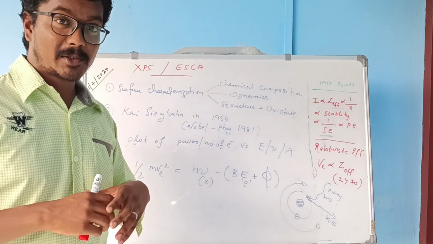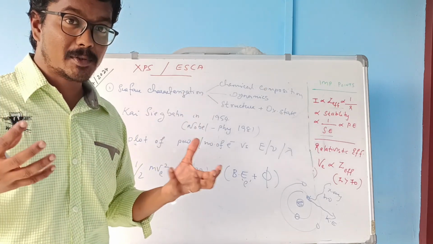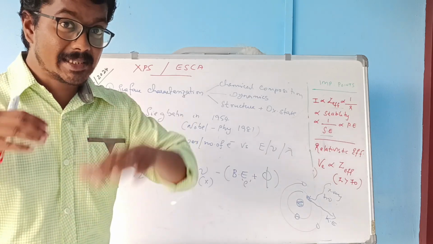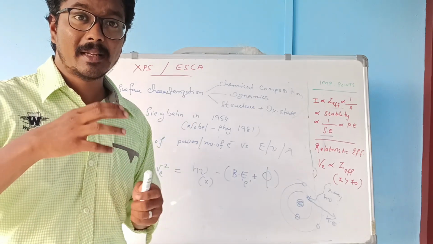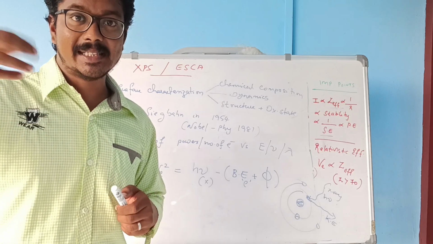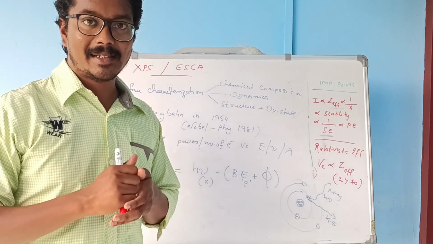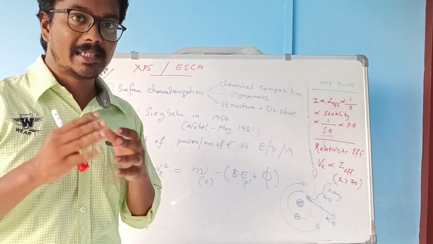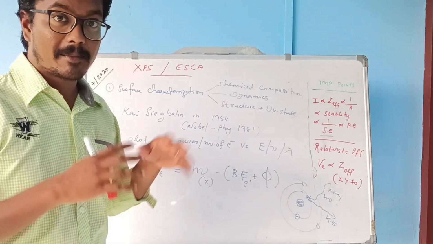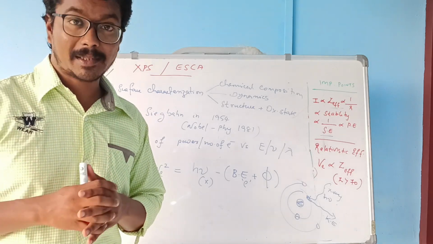Electron spectroscopy means when a beam of light or a source of incident rays strikes the surface of a sample, and high energy electrons are ejected from the surface. So we are going to analyze the ejected electrons and determine their velocity in terms of kinetic energy and plot it. Okay, and that plot is called the spectra.